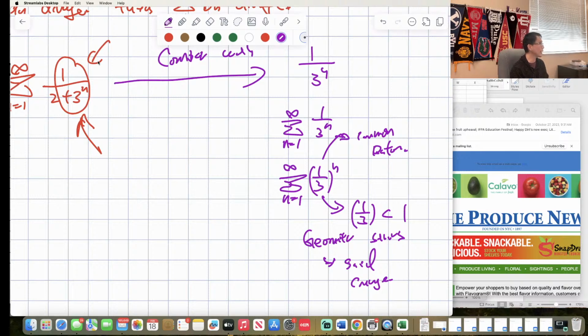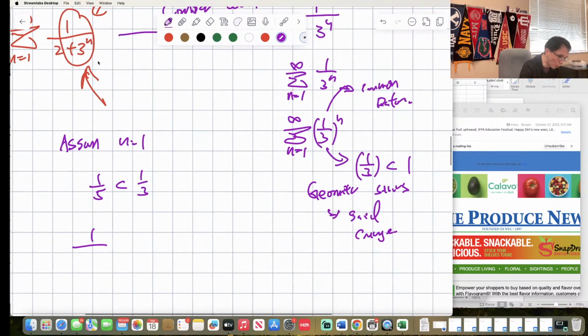For example, n equal to 1: 1 over 5 is greater than or less than 1 over 3? That's 1 over 5, which is less than 1 over 3. Does that make sense? So 1 over 2 plus 3 to the n is less than 1 over 3 to the n.